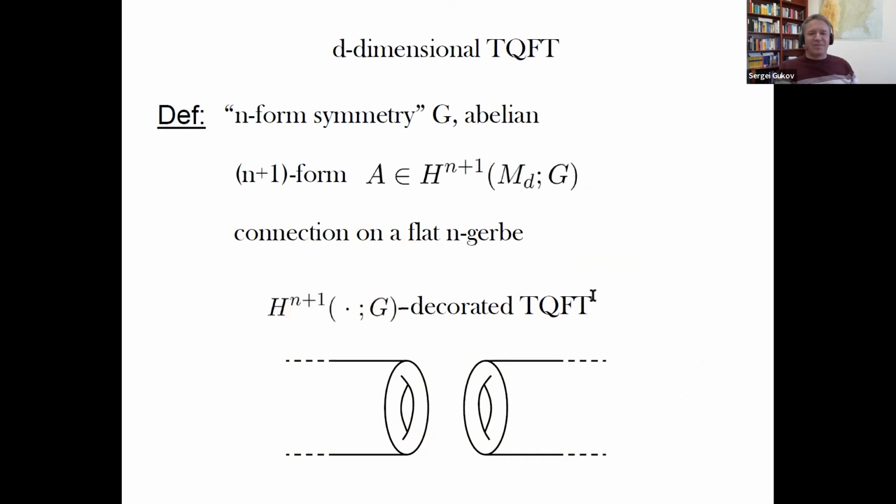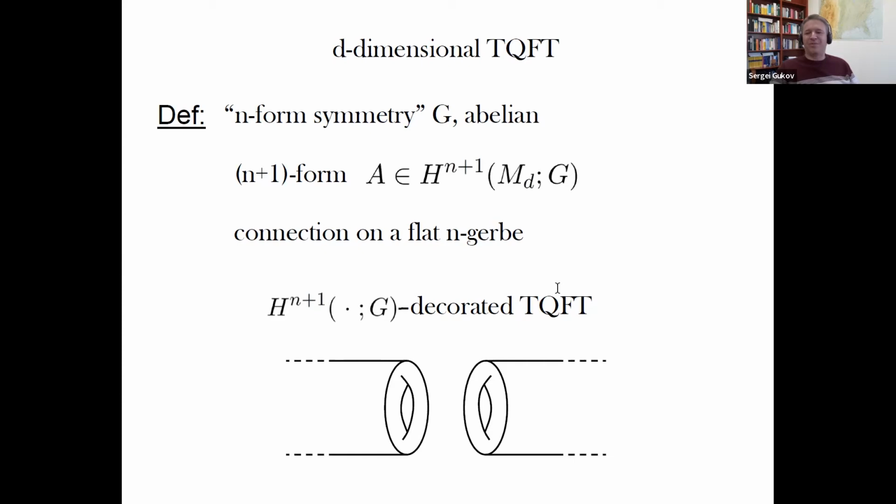Okay, so we'll need a slight generalization of the notion of symmetry, which in mathematics goes under the name of gerbe. Just like usual bundles are classified by studying maps from our manifold into the classifying space BG of some group G, you can study maps into higher classifying spaces B^n G, and this would give you what's called an n-gerbe. Luckily, here we won't be needing any of this technology of gerbes.